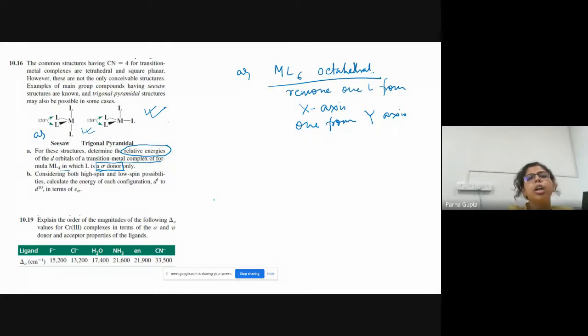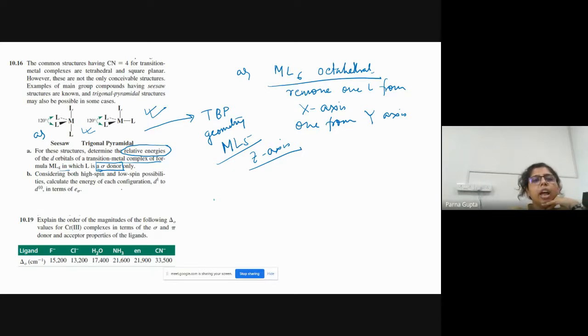For this one, take a TBP geometry, ML5, and remove one from the z-axis. That's simple, right? Now for d1 to d10, they have told you that you don't need to do it all. You just take a d8 and do the high spin and low spin. Just do one practice, and then it is very easy.